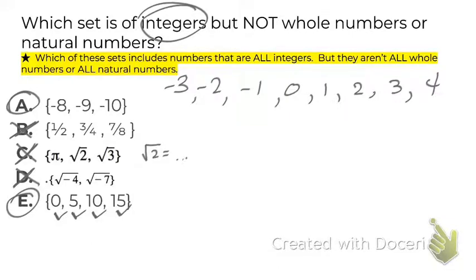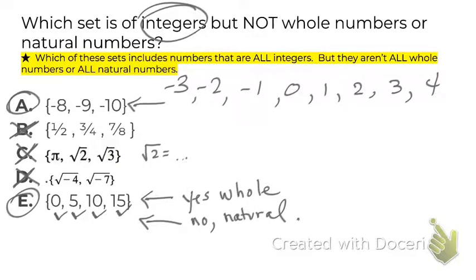But now we need to look at them and see which of these, A or E, is not whole number, not all whole numbers, or not all natural numbers. So if I look at this, are these whole numbers? Yes, these are whole numbers. Are these all natural numbers? No, because that includes 0, so it's not all natural.